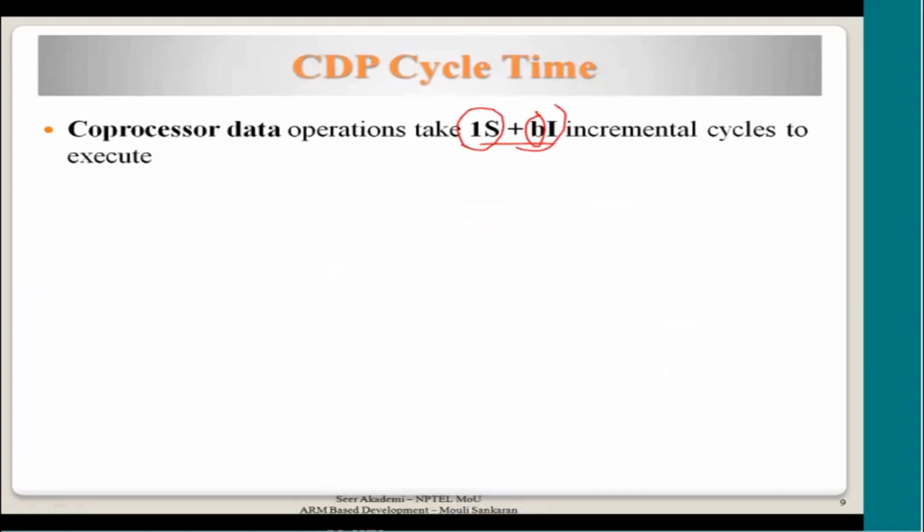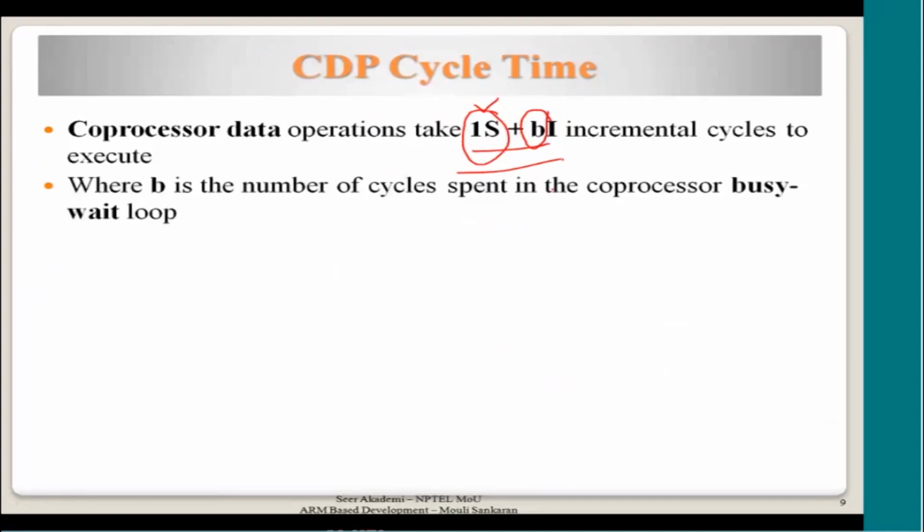I don't want to call it wasting, but of course, if it is a busy wait, it is a waste only. There is a possibility that busy wait is not there. If the coprocessor is free, then this whole thing will be 0. Only one sequential cycle will be taken by the ARM. Immediately, ARM can go to the next instruction. Otherwise, it has to wait this many cycles.